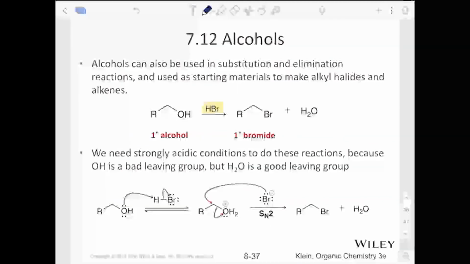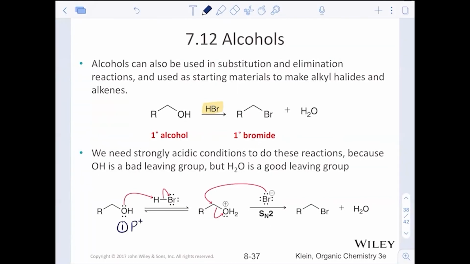So what you see in that first step is a proton transfer, followed by your SN2 nuke attack and loss of leaving group. Now, what's important to note is that a primary alcohol, where we have an alpha carbon that is a primary, will undergo this reaction with SN2 conditions.